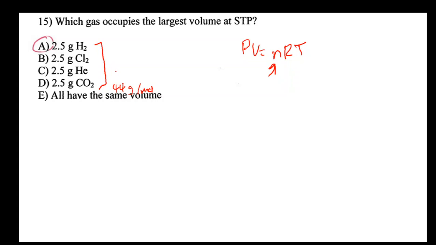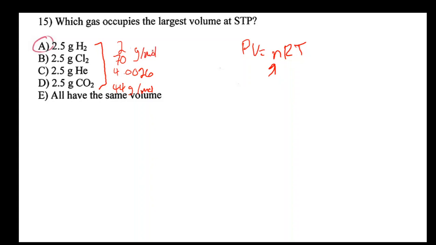And then helium, if you pull that from the table, is 4.0026. And then chlorine is roughly 70.76. And then hydrogen is about 2 grams per mole.